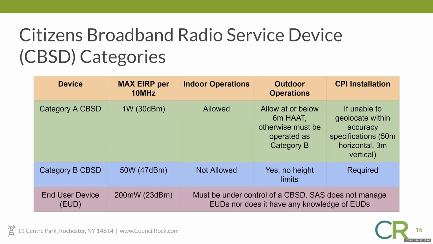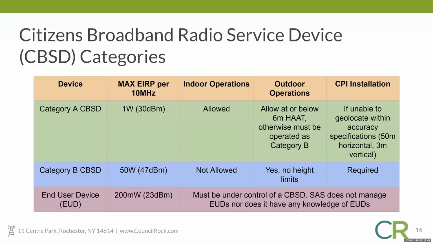The category B CBSD is a device that is allowed to transmit at higher power, 50 watts for every 10 megahertz channel. They cannot be deployed for indoor operations. They are only for outdoors. There is no restriction on the height of the antenna the unit is going to be operating at, and the installation always requires a CPI to convey information and to validate the information with the SAS.